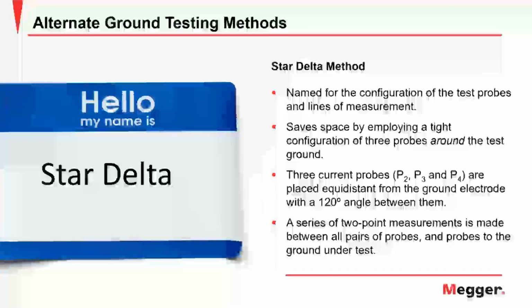In this case, we are going to use a star delta measurement. And so this is named after the configuration of the probes, which we will see in just a moment. And it's going to use a series of mathematical crunch to proof your test result.